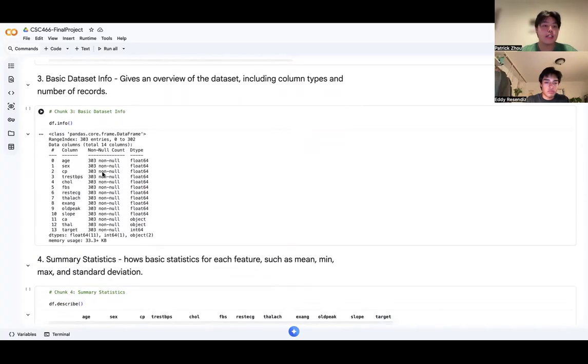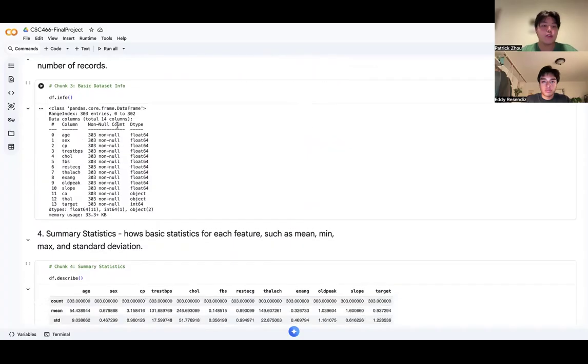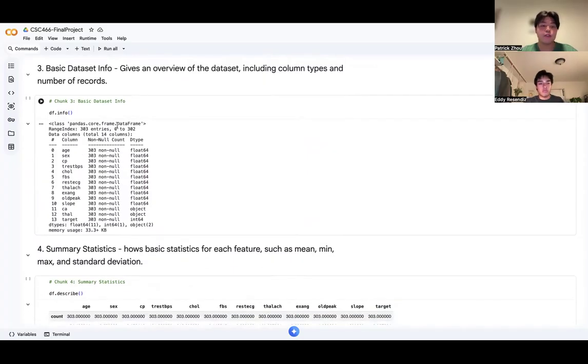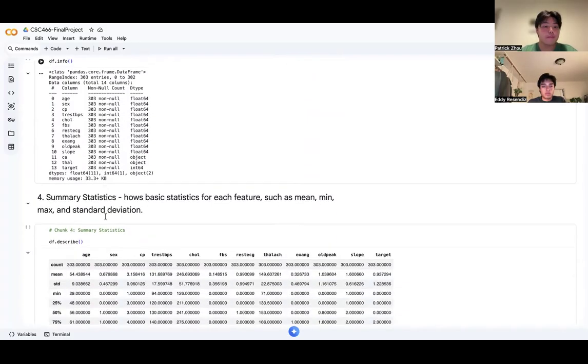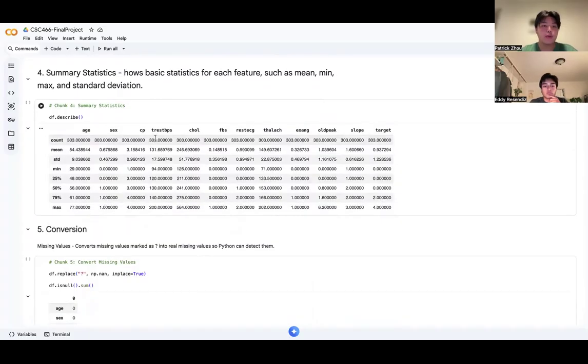And then next is our basic data set info. As you can see, we have 303 observations and 14 different features. Next, we have our summary statistics, and this shows us our basic statistics for each feature. As you can see right here, we have the count, the mean, standard deviation, and then our interquartile ranges.